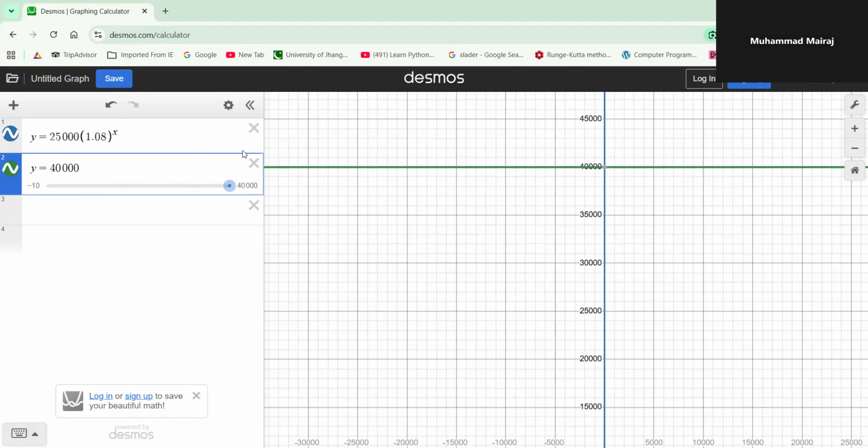And so finally, we will solve this for y equal to 40,000. So let's put 40,000 over here. That is equal to 25,000 times 1.08 to the power x.